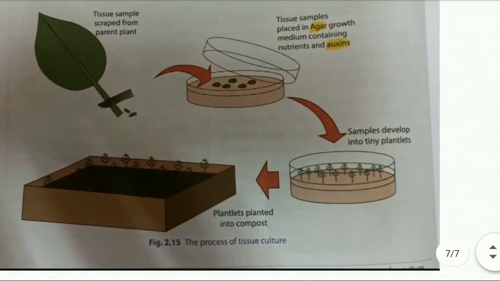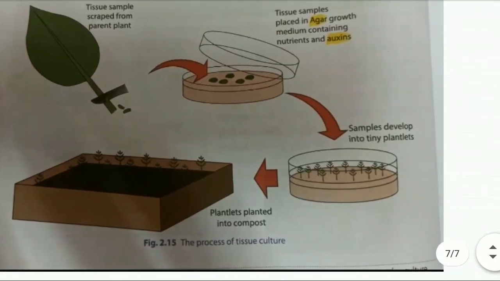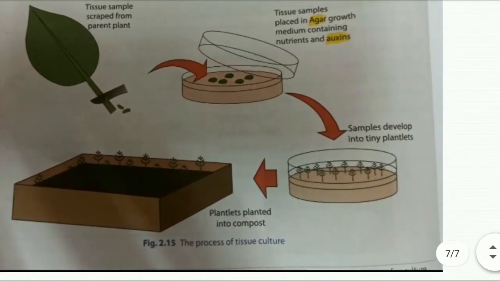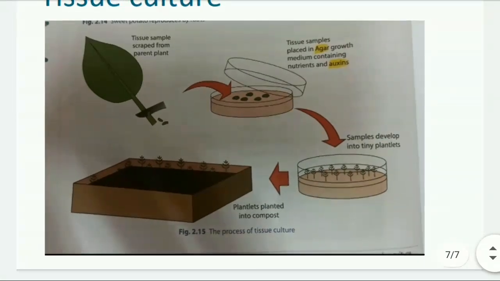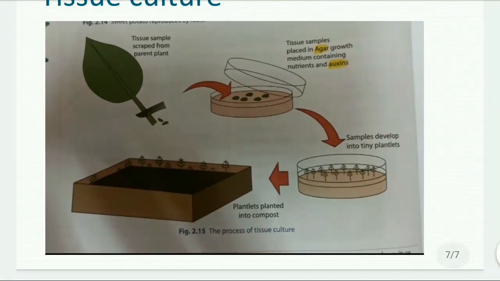So this is tissue culture, in which the cells are grown in an artificial medium and then transferred into the soil. Now what are the advantages of this method? It is a very fast method of growing plants in very little time.